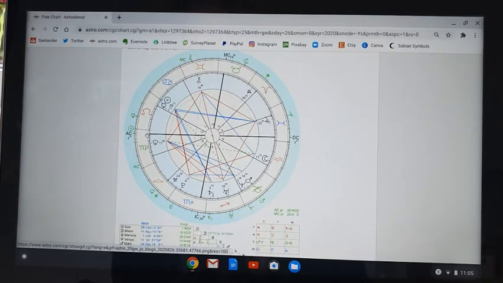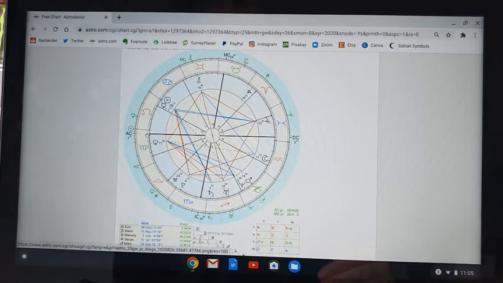So that would be the first, most significant value of progressions and the progressed chart: to see when your sun or any other planet will change signs, as well as your ascendant, descendant, and then midheaven, so they change at the same time: midheaven and IC and AC and DC.